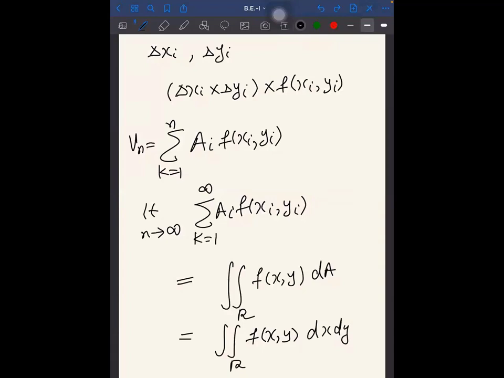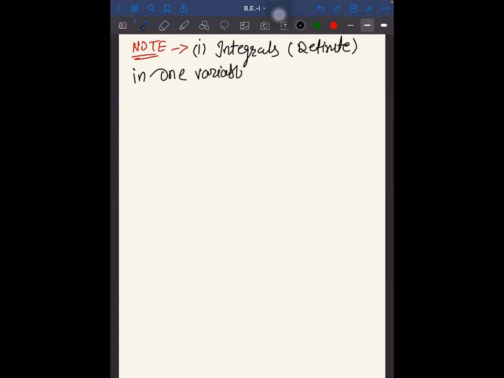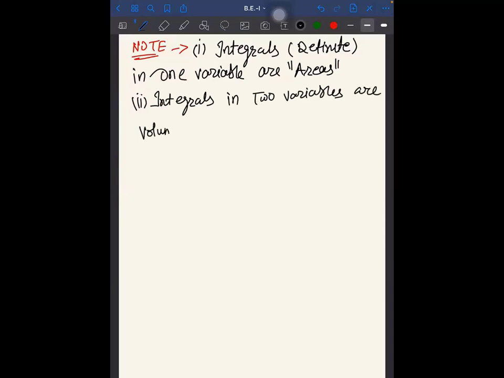As we have interpreted right now, note: integrals, of course we are talking about definite integrals, definite integrals in a 1D domain, in one variable, are areas, and integrals in two variables are what? Volumes, right?